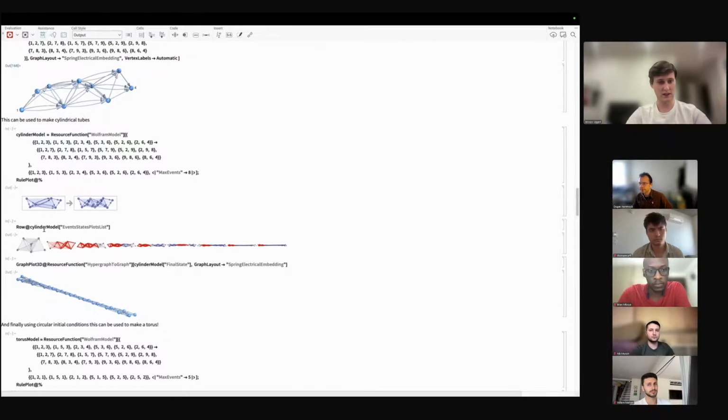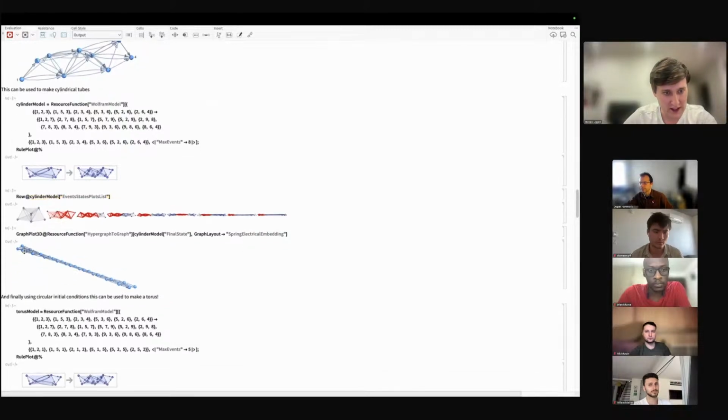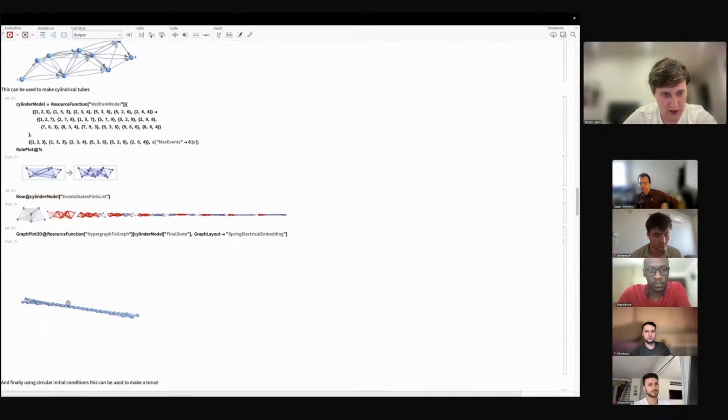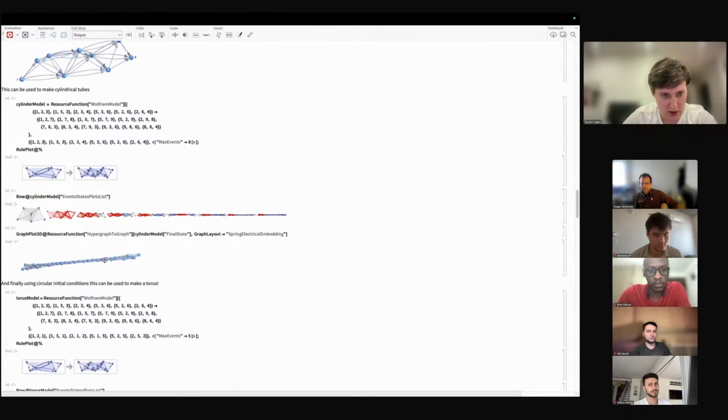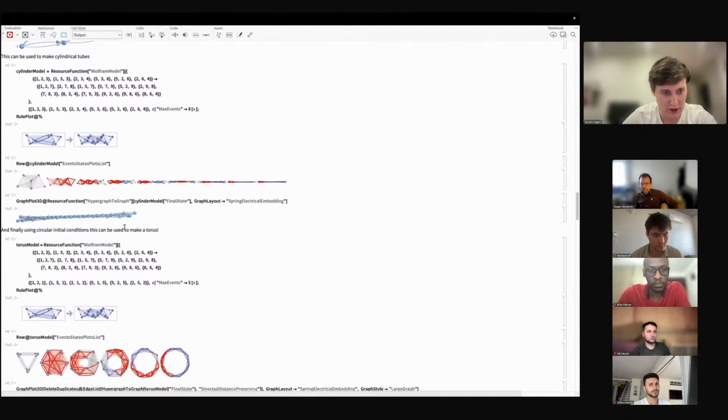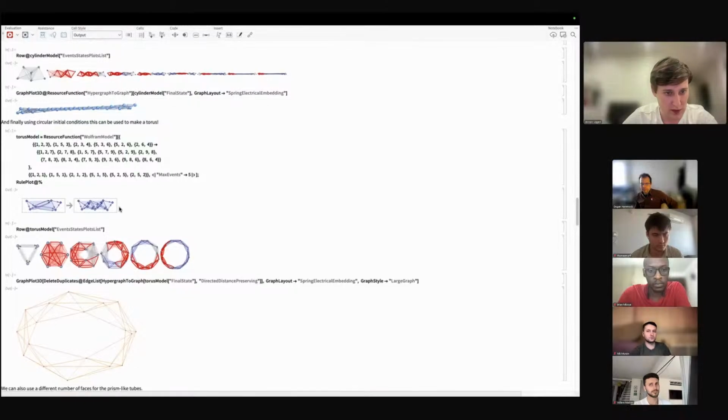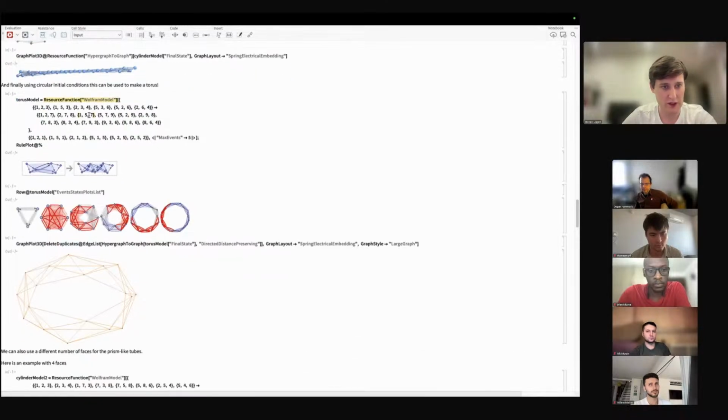So if I start with just open initial conditions, it just makes a longer tube. Unfortunately, I never managed to get it to plot this well. Maybe I should have tried with smaller ones, but you will see it better with the next few. Because the next attempt is, okay, now I just put closed initial conditions.